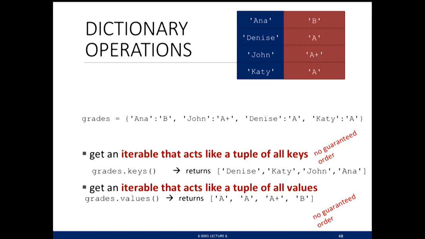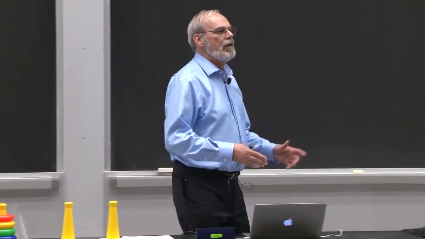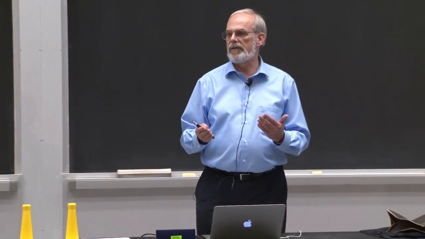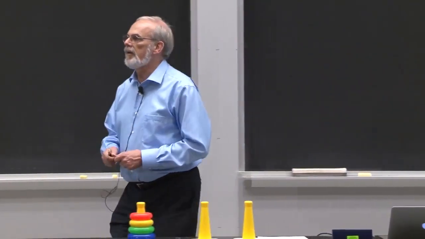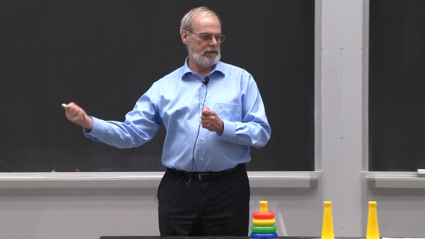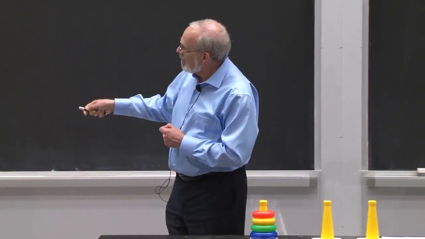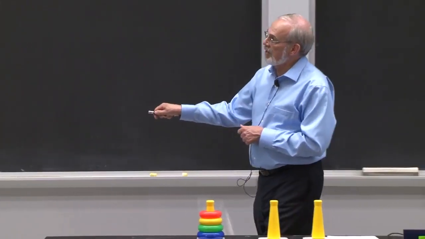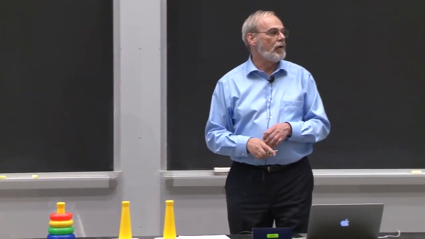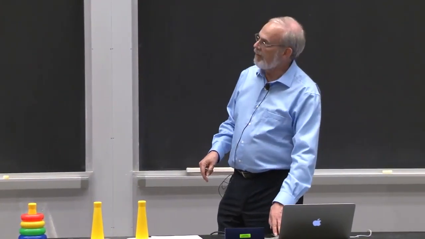It returns something we call an iterable. It's like range. Think of it as giving us back the equivalent of a list. It's not actually a list, but it's something we can walk down, which is exactly why I can then say, is something in a dictionary? Because it returns this set of keys, and I can test to see if something's in there. I can similarly get all of the values if I wanted to look at them, giving us two iterables.